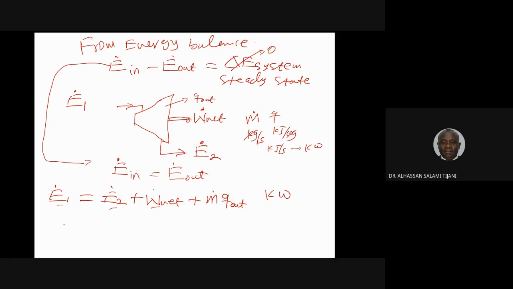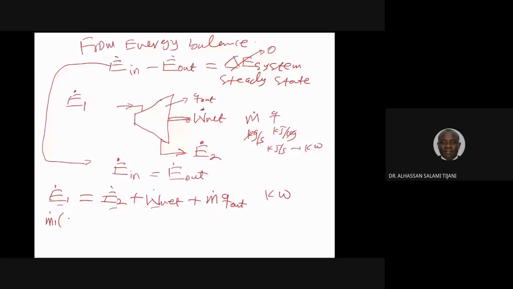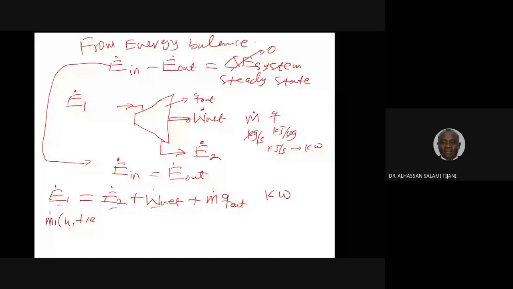From this equation, we can define E1 and E2. E1 is the total amount of energy of the flowing fluid, and this is given by M1 times the bracket: H1 plus the kinetic energy of the fluid plus the potential energy of the fluid at state 1.